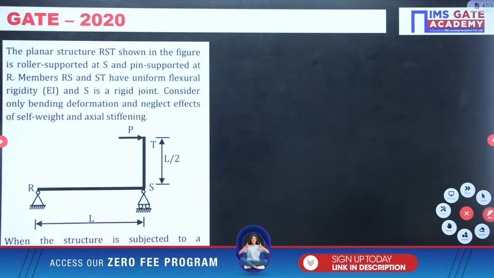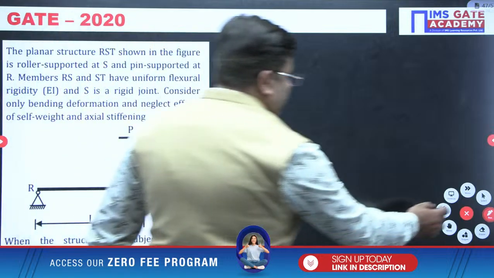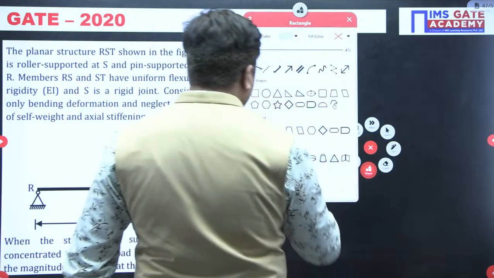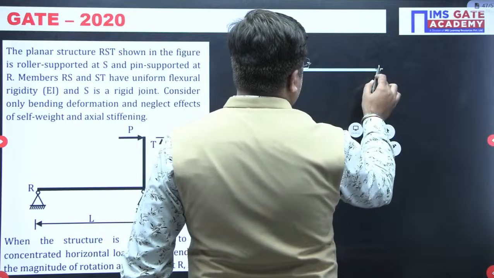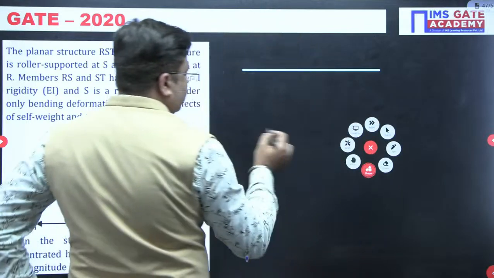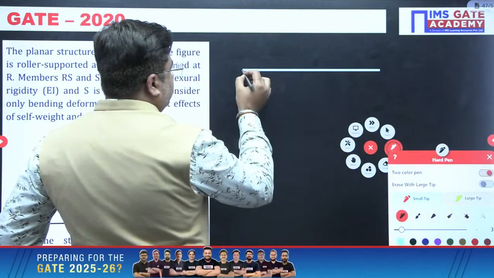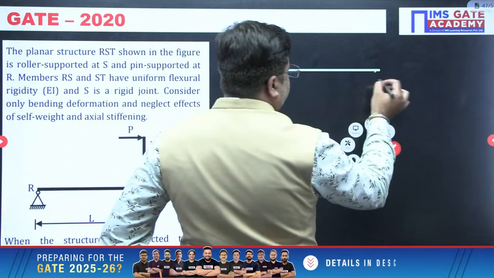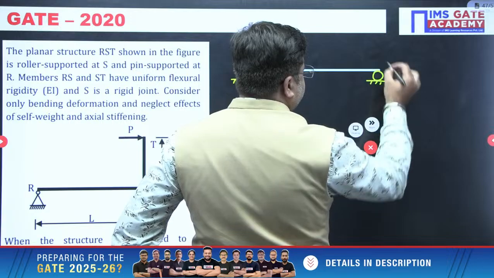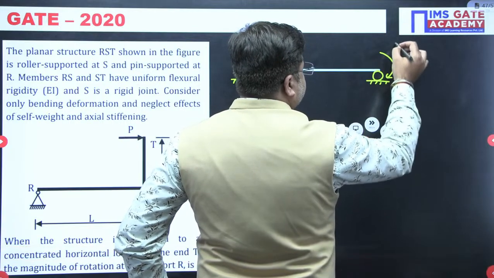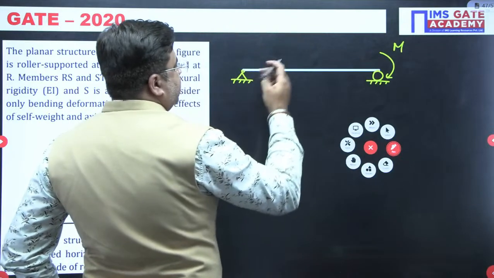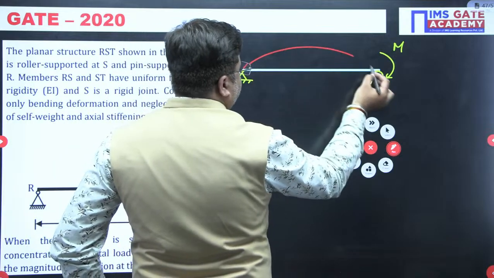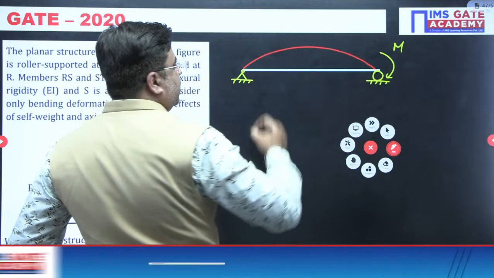support R is. So my dear, if you have a simply supported beam like this, and this simply supported beam is subjected to a concentrated moment of M at this end, first of all, the beam is going to deflect like this.